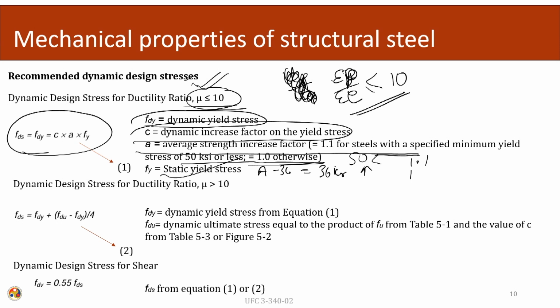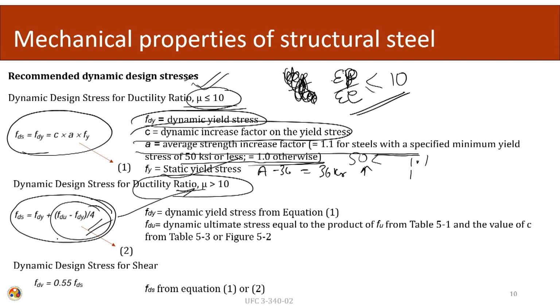If the ductility ratio is more, an equation accounting for this increased ductility is used. So, here an additional factor comes into the picture which accounts for the increased ductility ratio. Table 5.1, table 5.3 or figure 5.2 can be used to calculate the entire quantity.